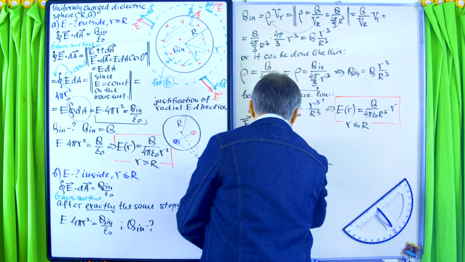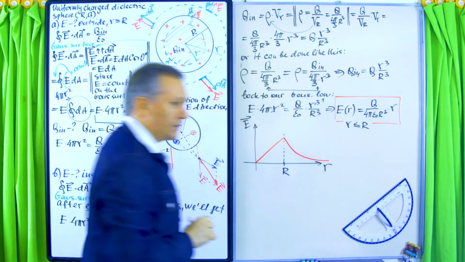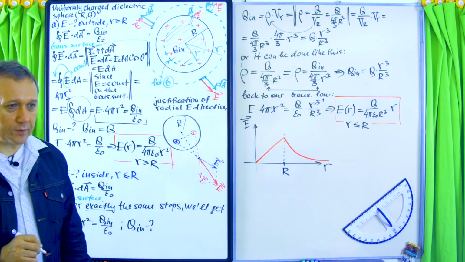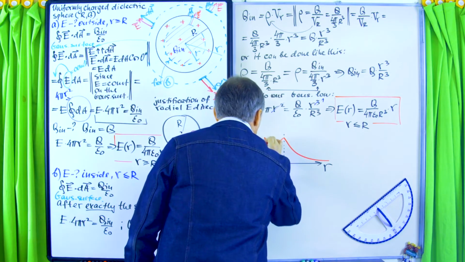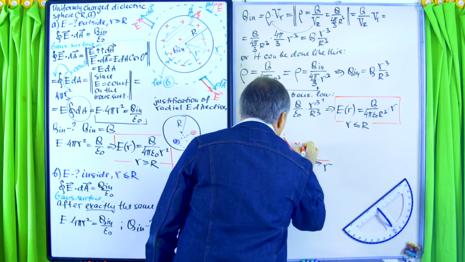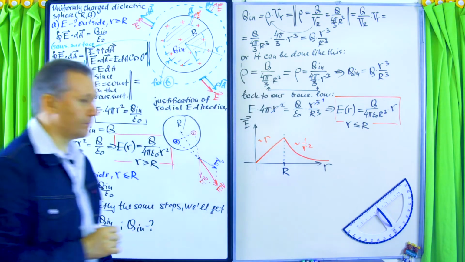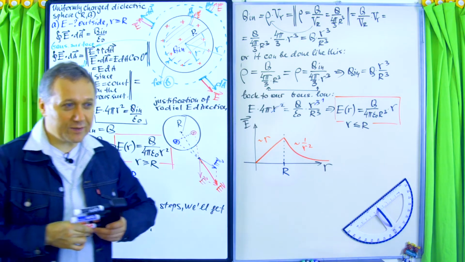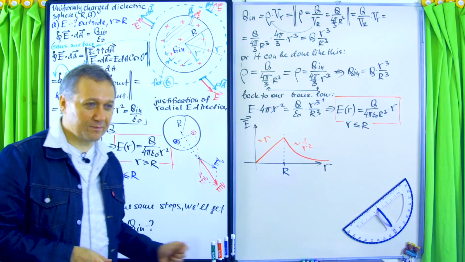Okay, not parabolic, inverse. Something like this, decaying as 1 over r squared. So over here it's proportional to r, over here it's proportional to 1 over r to the power of 2. So that's how electric field changes with r.